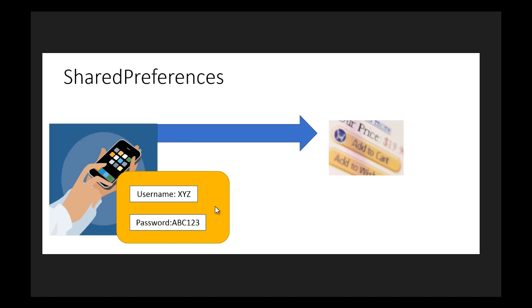If you want to retrieve this data from SharedPreferences, you only pass the key. Whenever you pass the username key, SharedPreferences will give you XYZ, and if you pass the password key, you get ABC123. So this is the concept behind SharedPreferences, where you store your data as key value pairs and retrieve it using these keys.